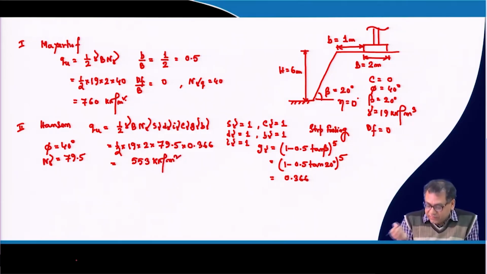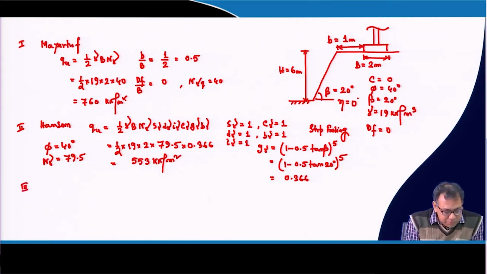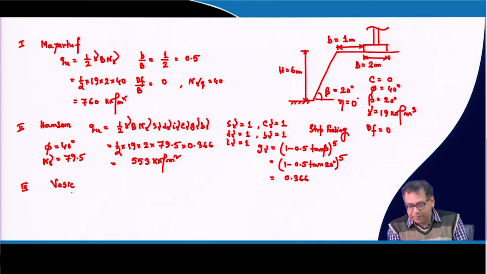Okay. So now I will go for the third approach, which is Vesic. Again, if we have sloping ground, here you can put those recommendations. If it is eccentric loading, if compressibility is there, you can provide the shape factor.